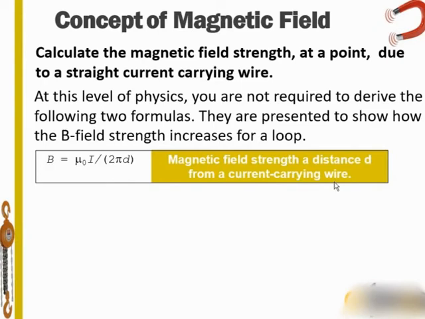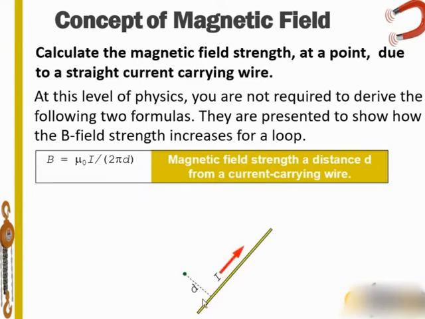When you think about it, what we're looking at with this particular equation is we're trying to determine the magnetic field strength at a distance d from a straight line current carrying wire.